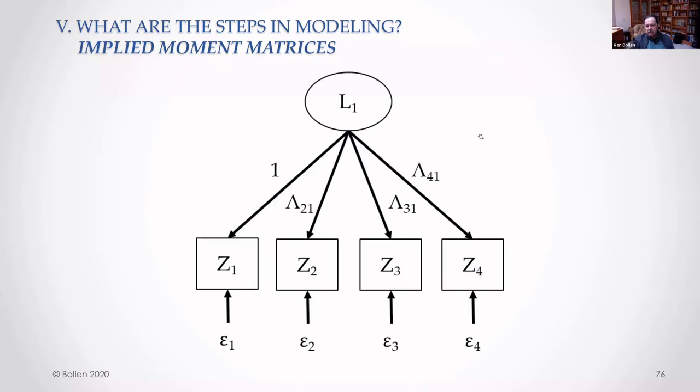Let me try to illustrate this a little more with a factor analysis model. Here we have a single factor and 4 indicators, Z1 through Z4. We're scaling this to Z1, which is why the 1 appears there, and we have 3 remaining factor loadings and an error for each of these observed variables.